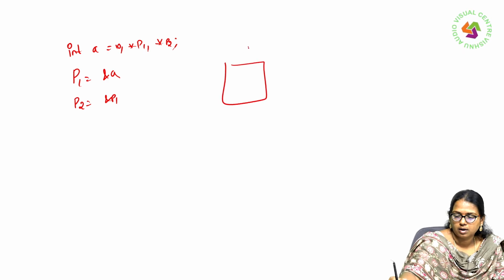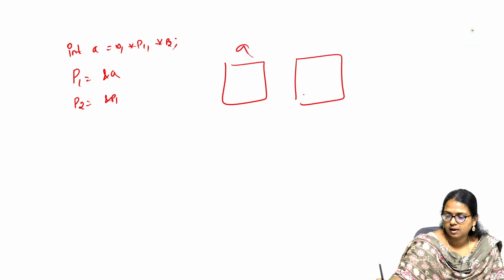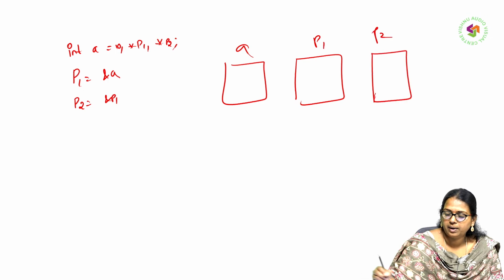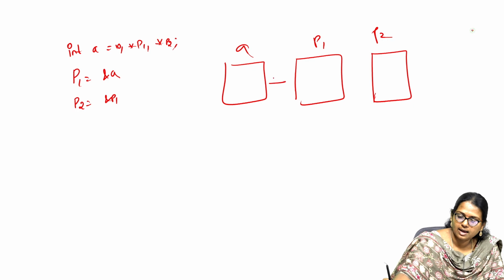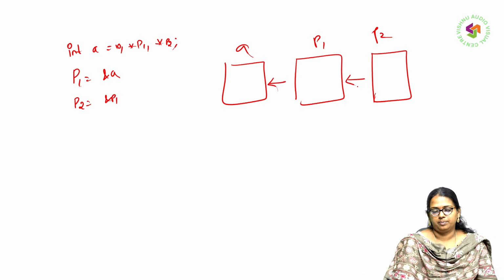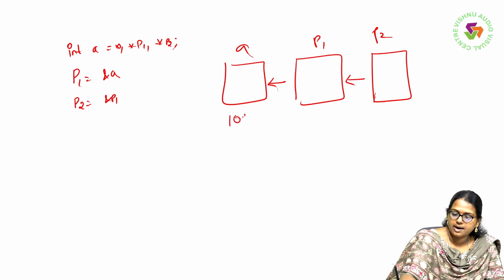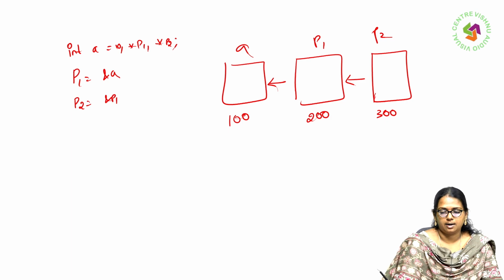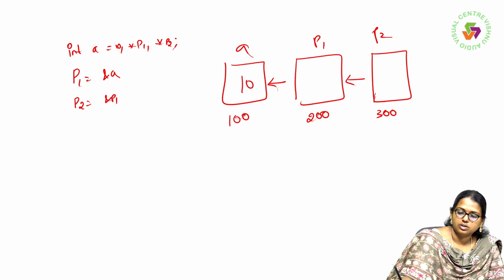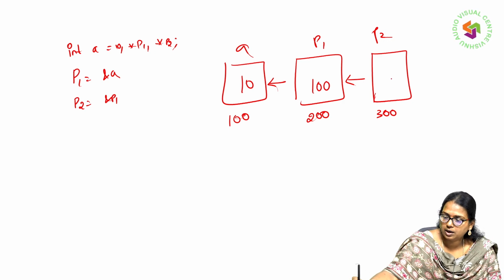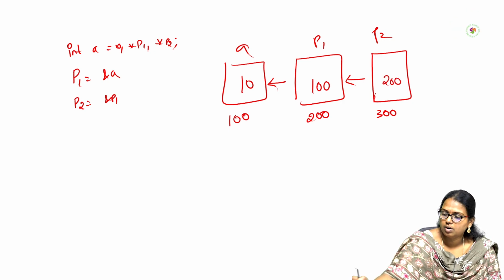So a, p1, p2: p1 is assigned a, p2 is assigned p1. Now the addresses are 100, 200, 300, and a is equal to 10. P1 is equal to 100. P2 is equal to 200.